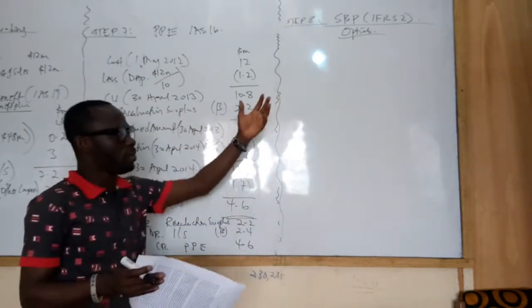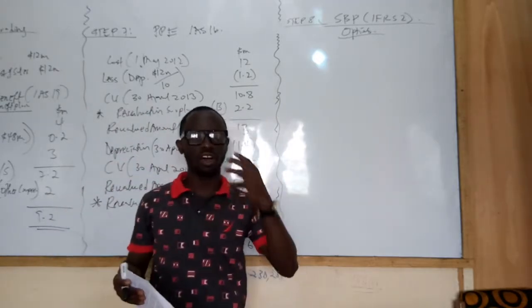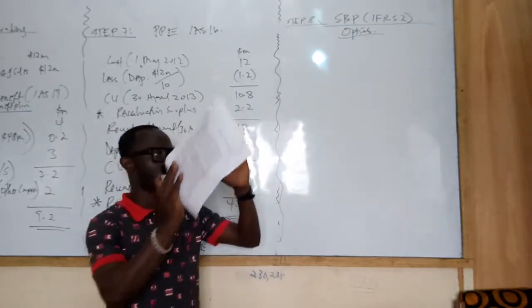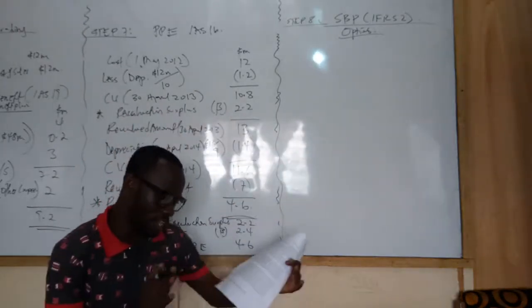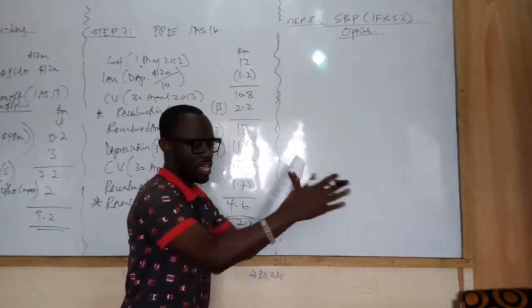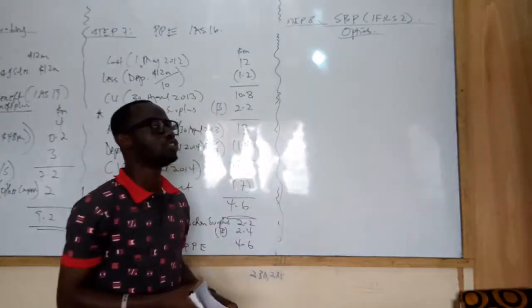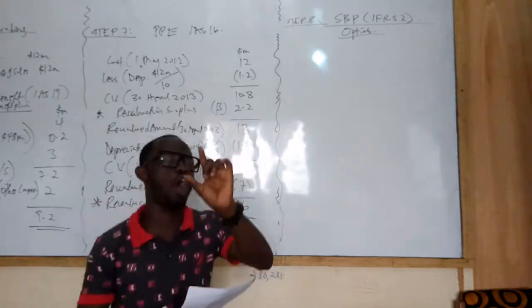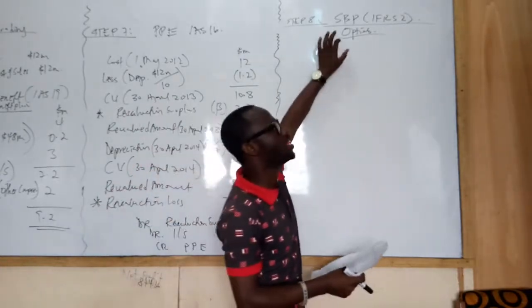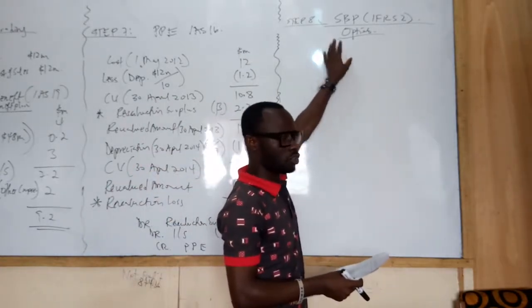So share-based payment is a motivation scheme that we give to management to tie them to work for the company for a given period of years, after which they have a right to either be given an amount of money, that is share appreciation right, or an option to buy a share, and that is share option. So there are two things.